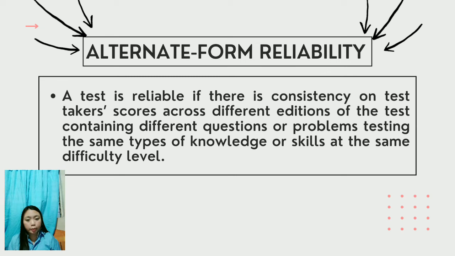We will be discussing last the alternate form reliability. A test is reliable if there is consistency on test takers across different editions of the test, containing different questions or problems, testing the same types of knowledge or skills at the same difficulty level.